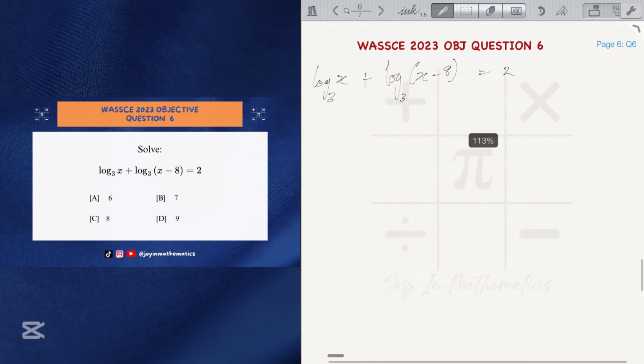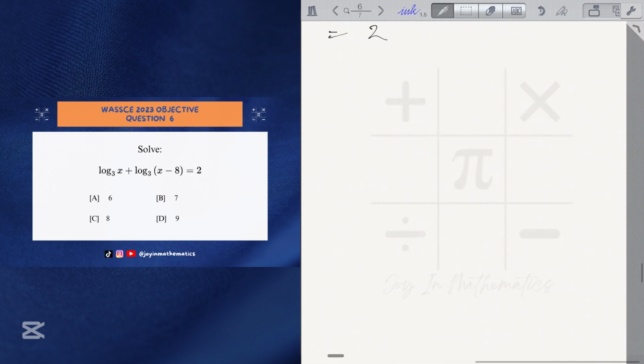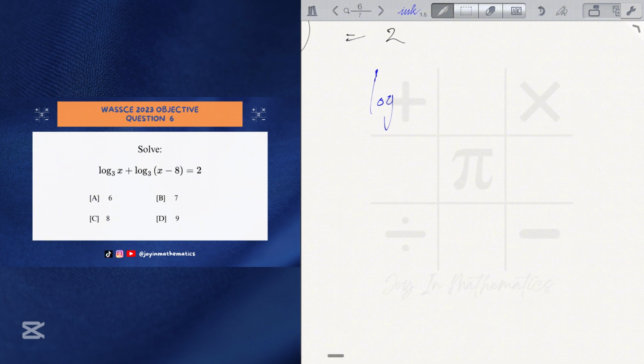And the first thing we need to do is to recall ourselves on the laws of logarithm. So let's come to this side and let's recall the laws of logarithm. The first law is the addition law. That's log a plus log b, provided that they have the same base, that's c. We'll have it to give us log ab in base c.